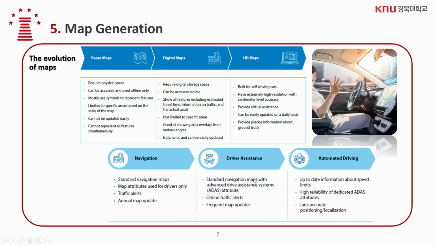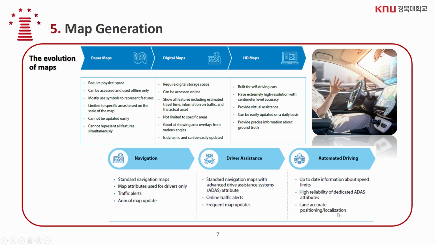In the driver assistance stage, there is a standard navigation map with advanced driver assistance systems attributes, online traffic alerts, and frequent map updates. And automatic driving needs up-to-date information about speed limits, high reliability, dedicated autonomous driving systems attributes, and lane-accurate positioning and localization.